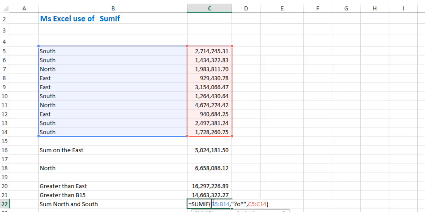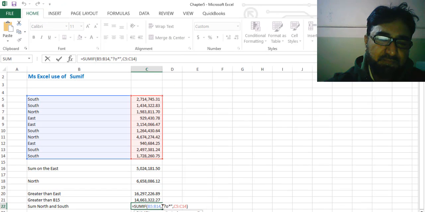And in this next formula, sum north and south, you can see SUMIF B5:B14 comma, we use this question mark to tell Microsoft Excel to take the total of those words in which O is used.